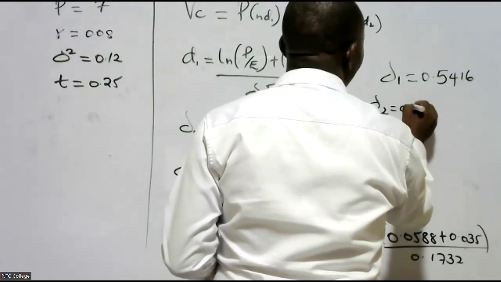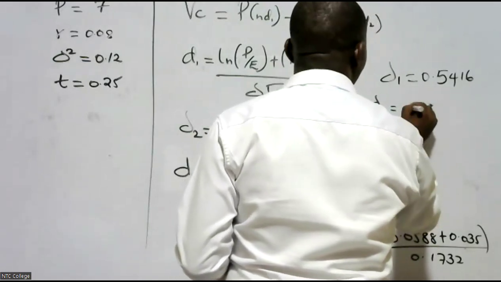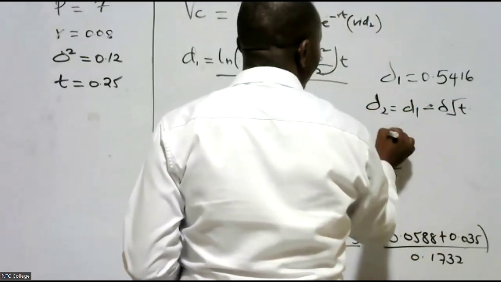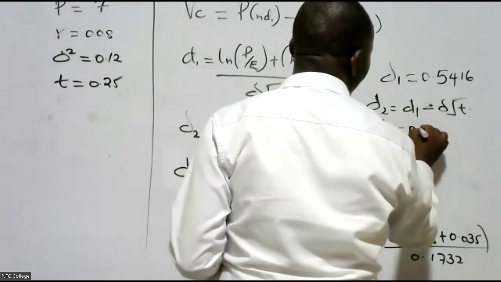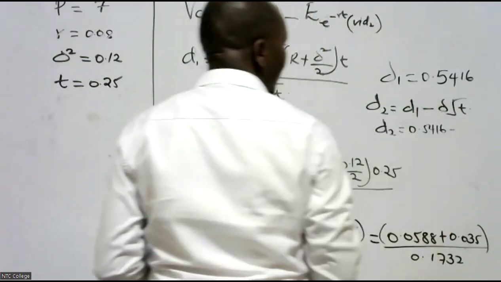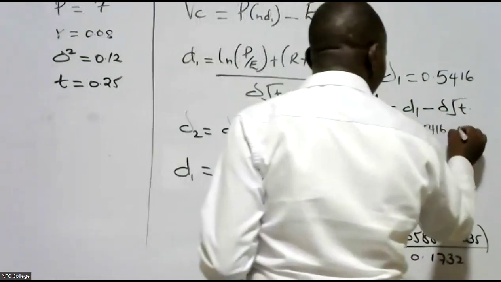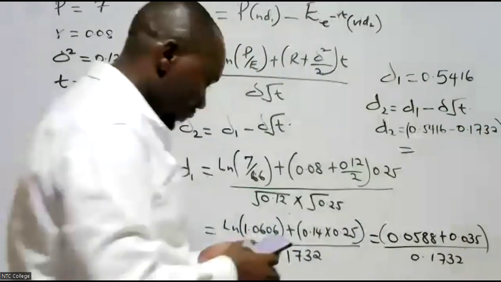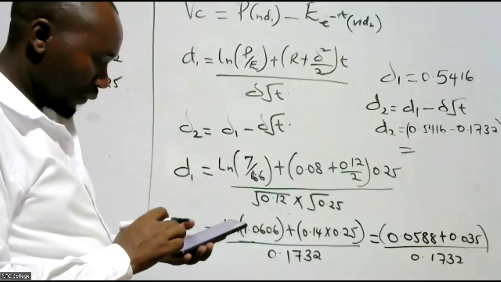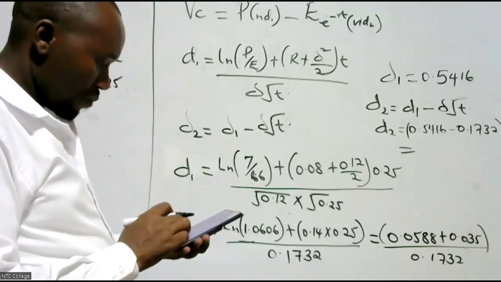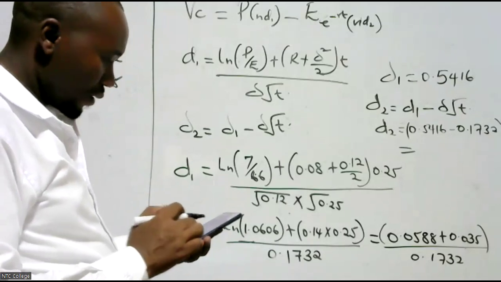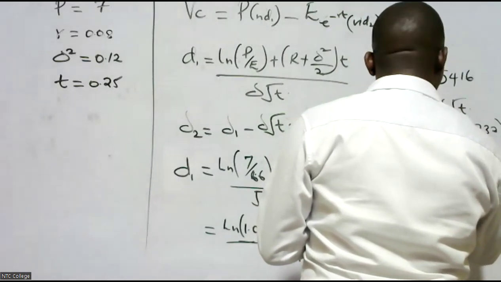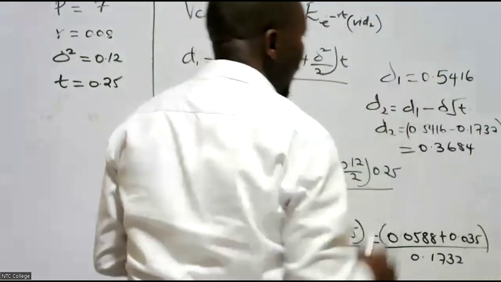So D2 is equal to D1 minus 0.1732. So what do you get? 0.3684.